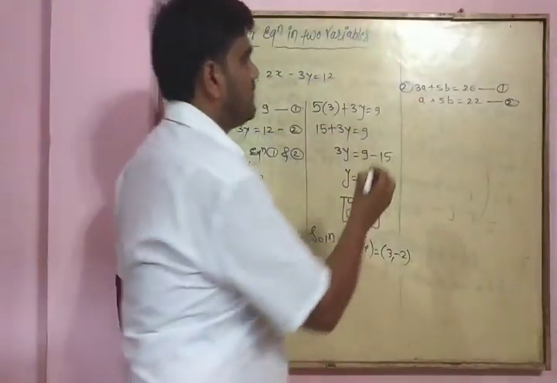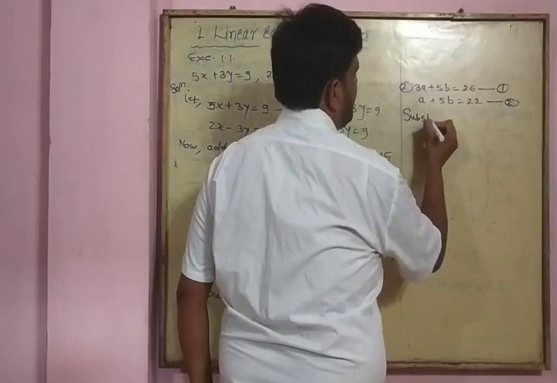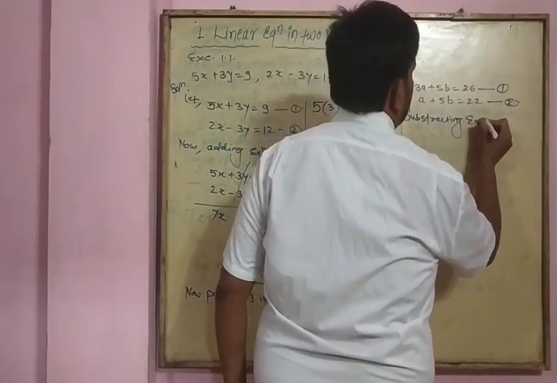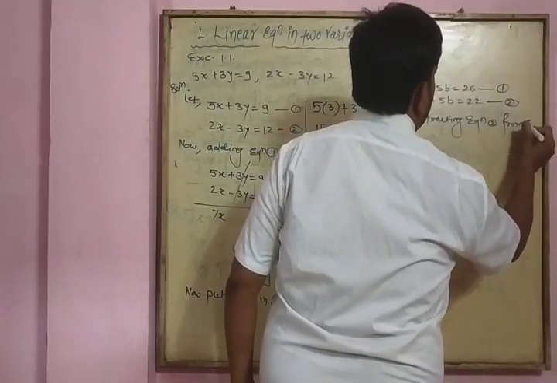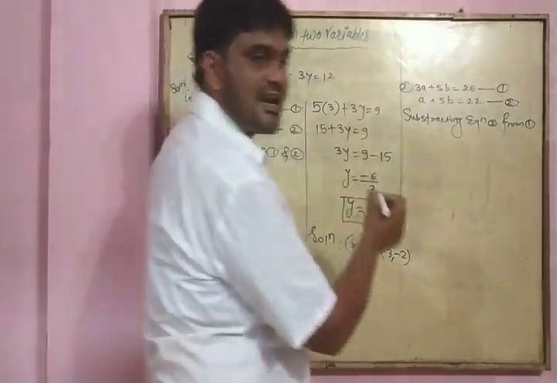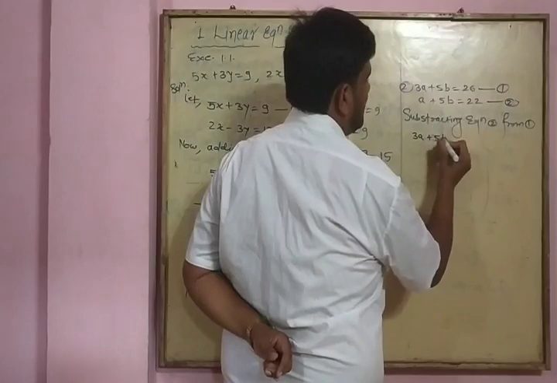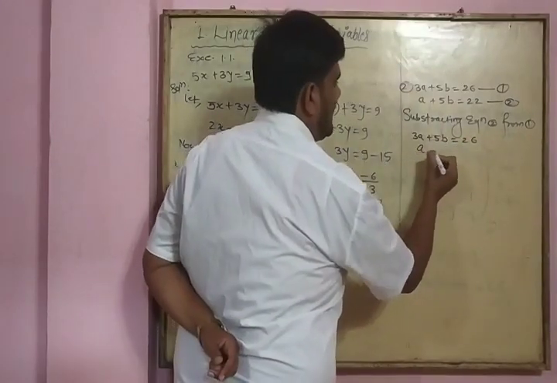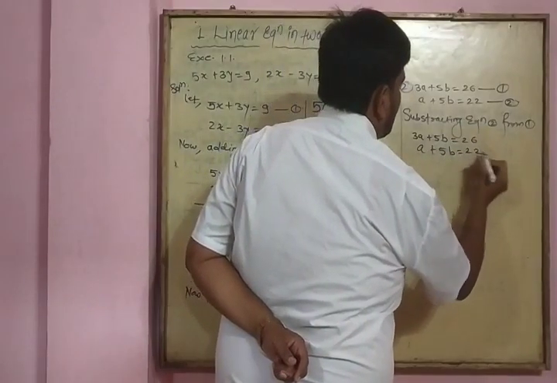Okay, so I will write here: subtracting equation 2 from 1. How to subtract? See here, 3a plus 5b is equal to 26, a plus 5b is equal to 22.